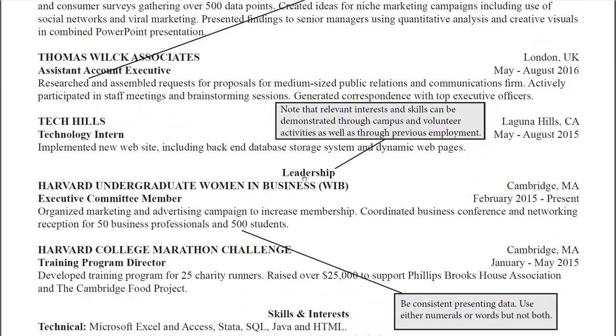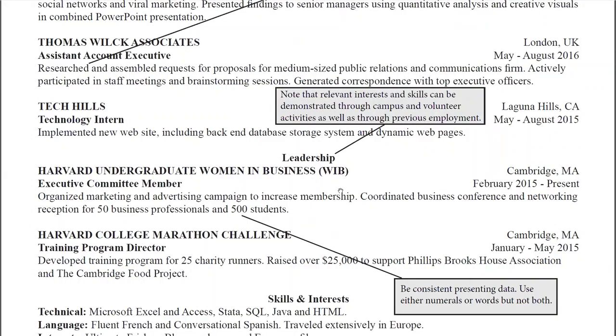And then leadership. Note that relevant interest and skills can be demonstrated through campus and volunteer activities, as well as through previous employment. Now, any sort of interest or skills you have got through volunteer work. Now, most of the students ask that we are fresh graduates, undergraduates, we do not have any experience.